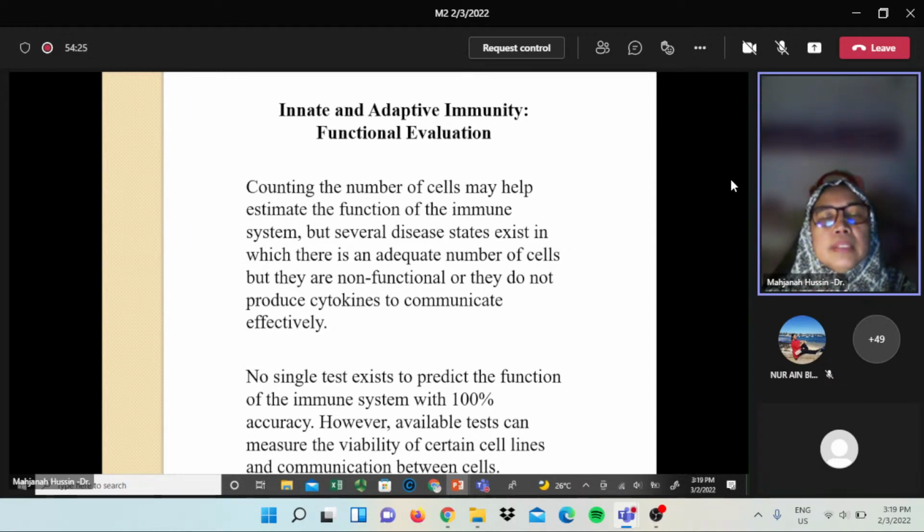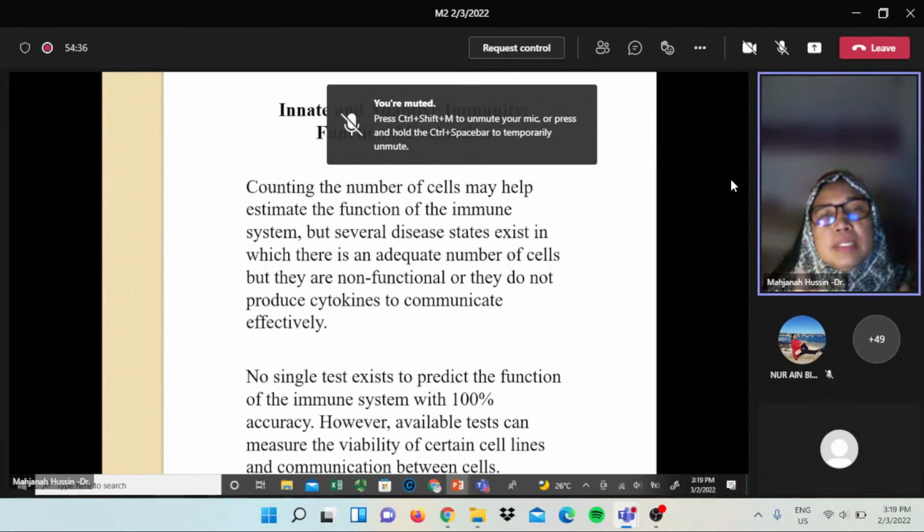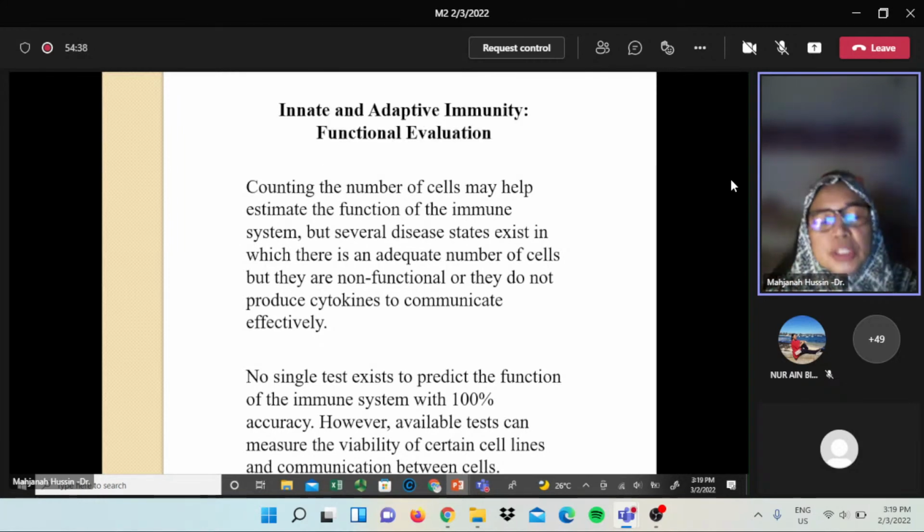The product of the antigen and antibody binding, which is your cytokines, or the production of antibodies, whether it is IgG or IgM, how much is present. Okay, so those are the things that you can look for, so you can predict the innate and adaptive immunity.